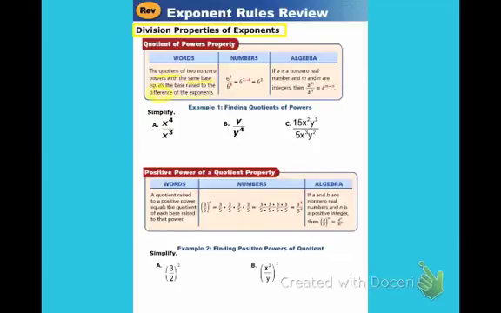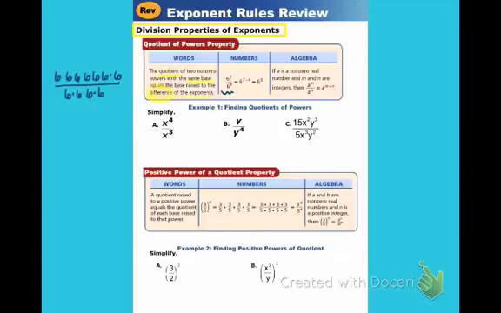Difference means subtract. So take a look at our numeric example. 6 to the 7th divided by 6 to the 4th would be 6 to the 7 minus 4 power, or 6 cubed. Now if you think back and remember why this worked, 6 to the 7th would mean this, or 7 sixes being multiplied, and 6 to the 4th would mean this.